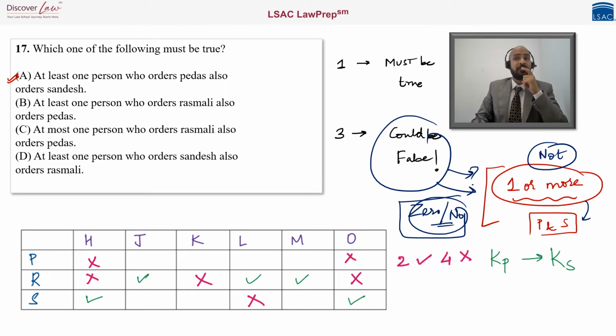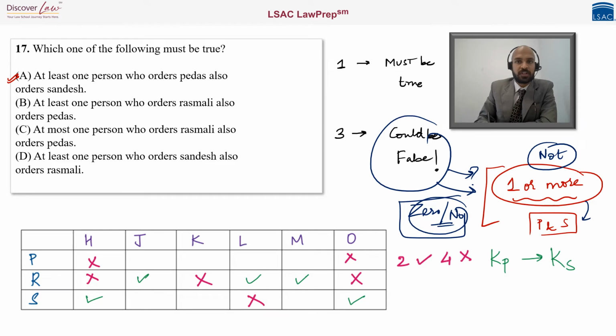So let me see if it is possible for me to make an arrangement where nobody orders P and S. Let's say maybe I have all of these people. Let's say two people are buying peda. So I take a tick mark here, right?